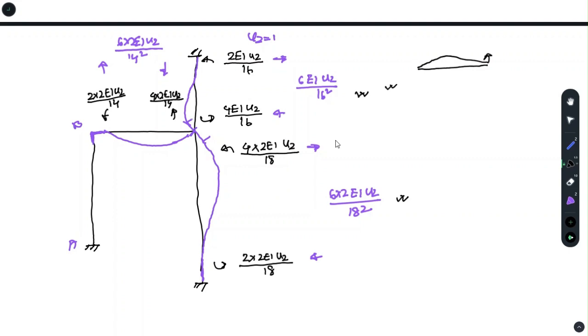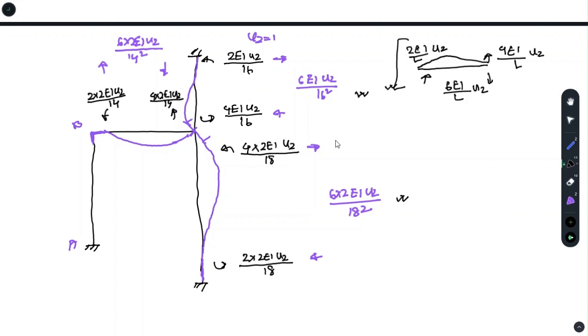If the moment here is 4 EI U2 over L, the moment here will be half of it, which is twice EI U2 over L, and the reaction will be 6 EI over L squared U2.